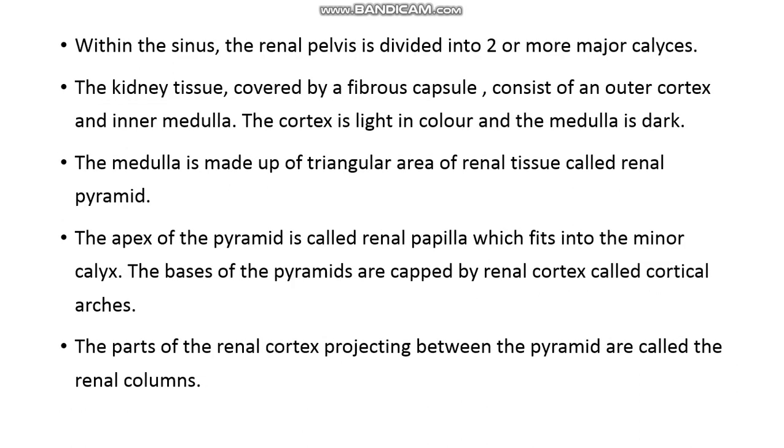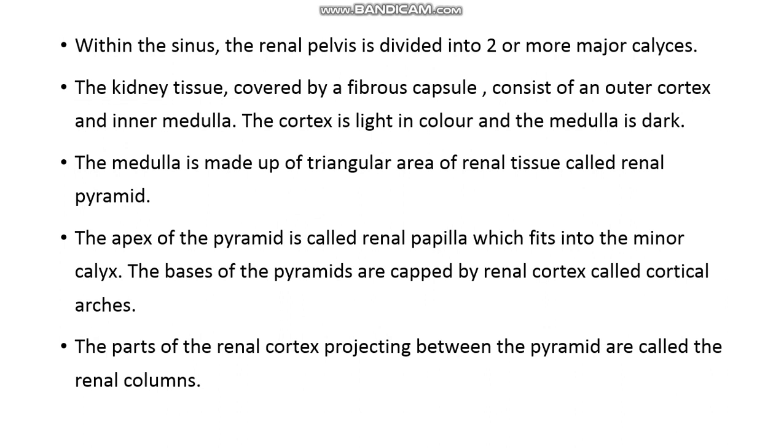Within the sinus, the renal pelvis is divided into two or more major calyces, and the kidney tissue is covered by a fibrous capsule and consists of an outer cortex and inner medulla.